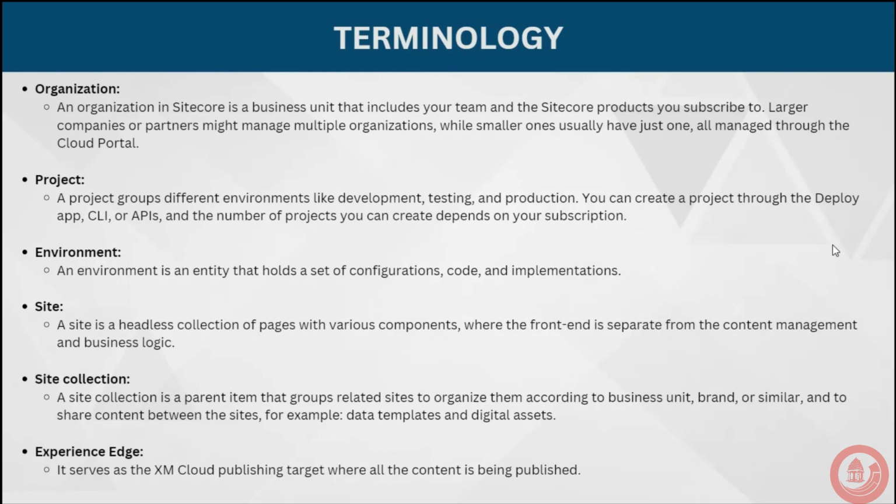A project typically groups different environments where we are working. So it groups our development, pre-prod, UAT, production. All the environments are being grouped in the project, and you can create a project through your deploy app and the CLIs. Environment is an entity that holds different sets of configurations and the implementations that we are doing.